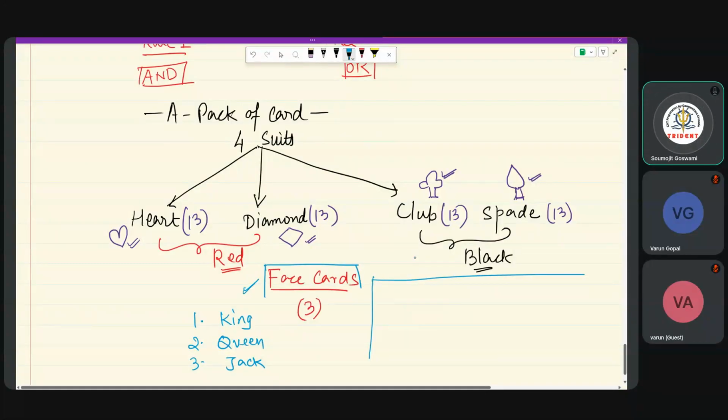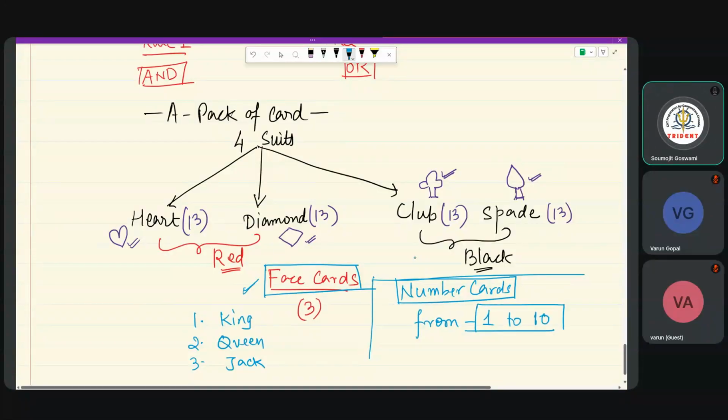And just one more thing. I know right now you are already confused. Number cards. These number cards are not any different from the heart, diamond, club, and spade. Of the 13 cards, there are three face cards of heart, three of diamond, three of club, and three of spade, and 10 number cards from 1 to 10.